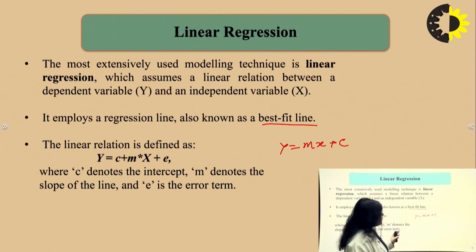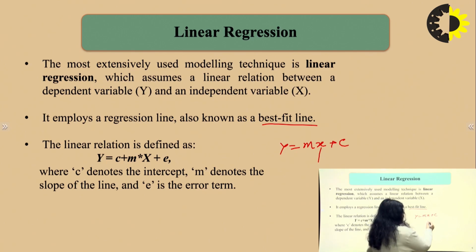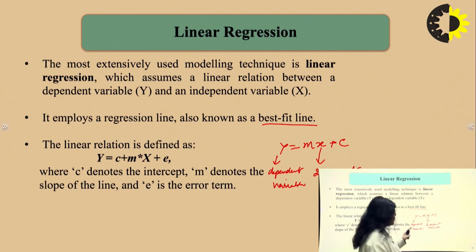right? And in this linear equation, x is our independent variable. y is our dependent variable. And apart from these two variables, we also have two fixed quantities. One is called m and the other one is called c.